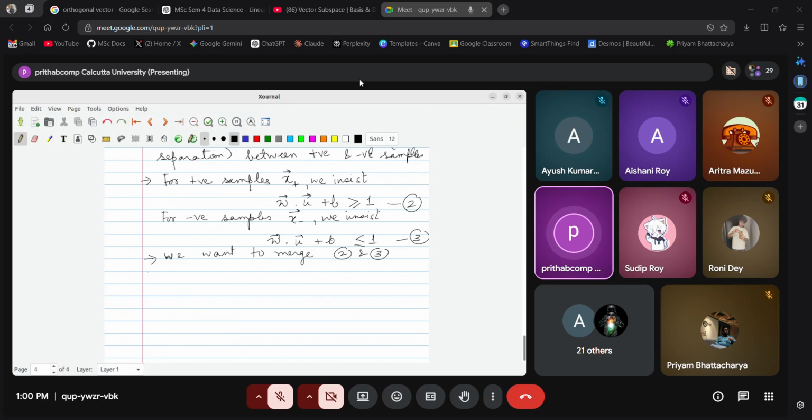That is very simple. We multiply y_i on both sides of 2 and 3.